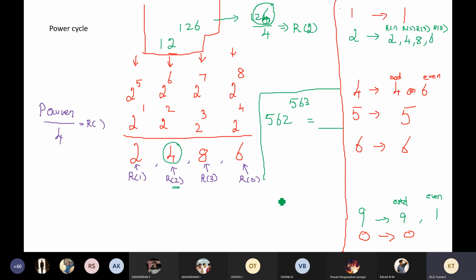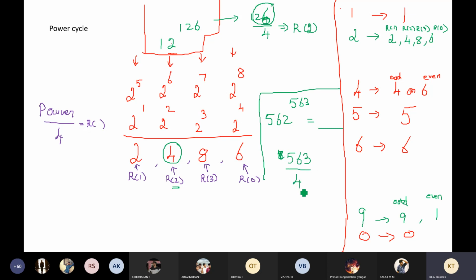Guys, think carefully. What are you supposed to do? Power value divided by 4. What is the remainder? The power value is 563.